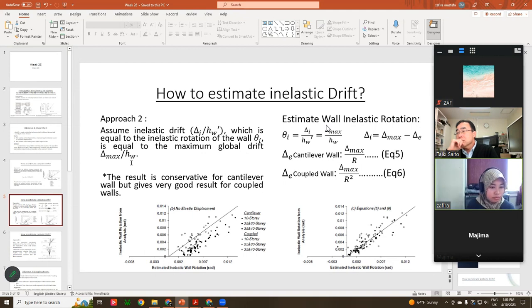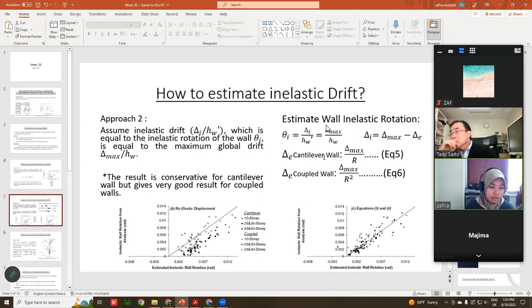So by using this equation, the estimate of inelastic rotation, delta I, equals the elastic displacement divided by the height after the plastic hinge, also equal to the total displacement of the wall divided by the total height of the wall.